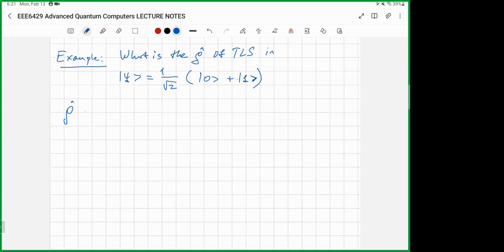So the density matrix is just the outer product of these two vectors. It's equal to 1 over square root of 2 now, because I have this prefactor twice, and then state 0 plus state 1, multiplied by state 0 plus state 1.